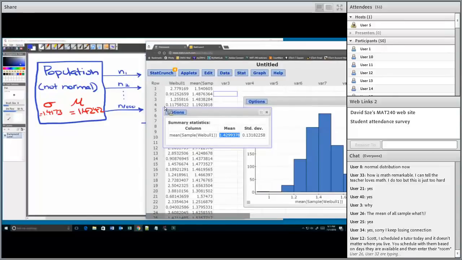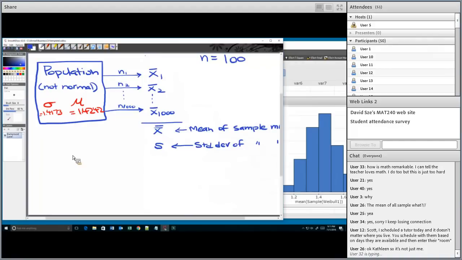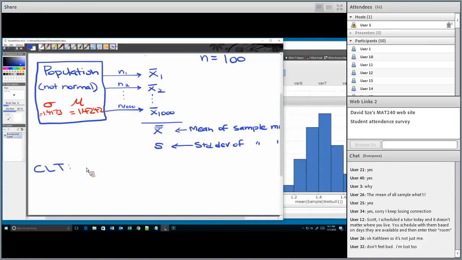In other words, this is what you have to memorize. Under the central limit theorem, first, the sampling distribution of X bar, the distribution of all these sample means, is normal.